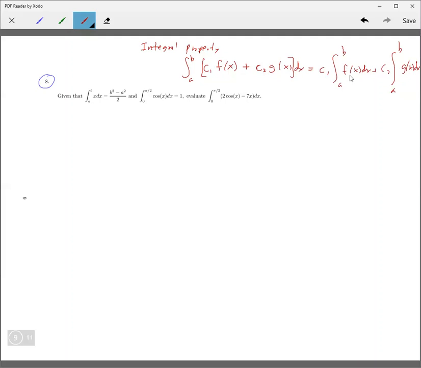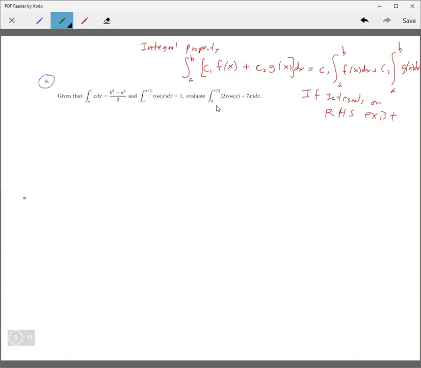But this is going to be true if the integrals on the right-hand side exist, both of them. If both these integrals exist, then this is going to be true. If not, you could have the situation where this side works, but that doesn't, because these things cancel each other out. Okay, but we're not going to worry too much about that.